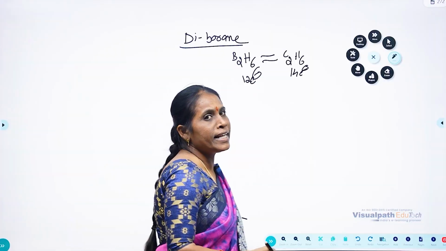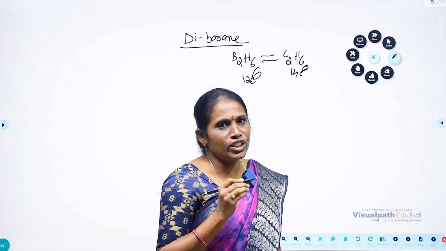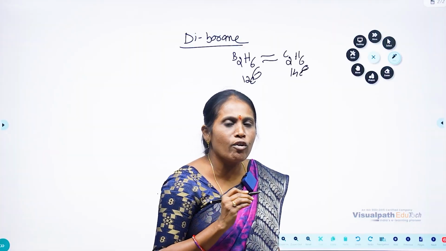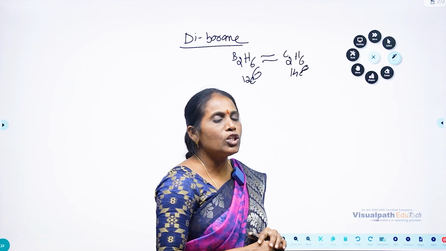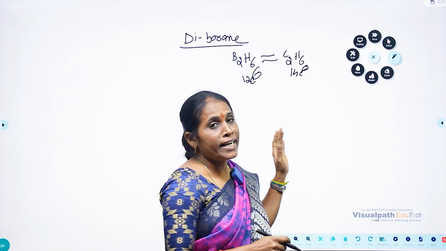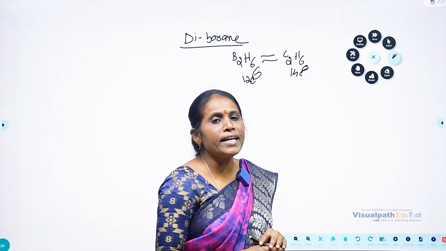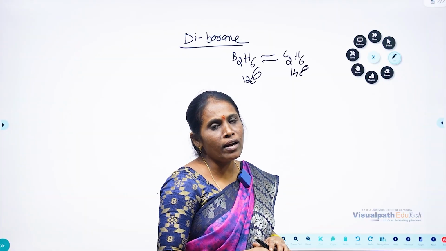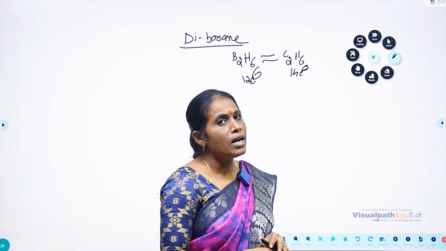This means it is an electron deficient molecule, showing fewer electrons than C2H6. Diborane is a highly reactive and toxic compound, and it is prepared from boranes. Boranes undergo dimerization to form diborane.